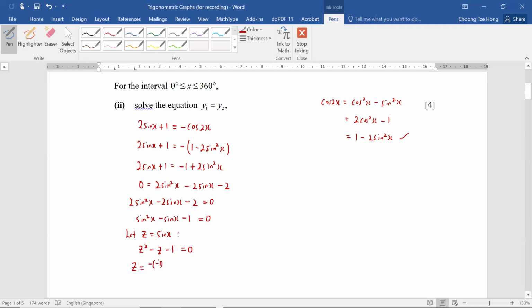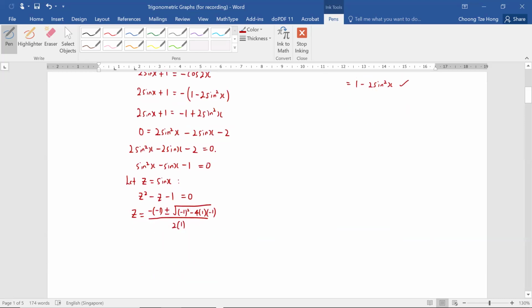So minus b is now negative 1 plus minus square root b squared minus 4ac, over 2a. Over here you will get two answers. So 1 plus minus square root of 1 squared plus 4, you'll get 5, over 2. So in other words, z equals 1 plus minus square root 5 over 2.